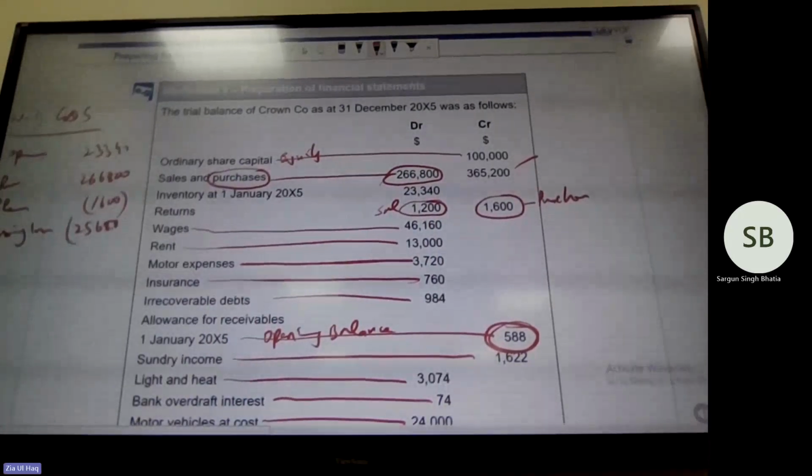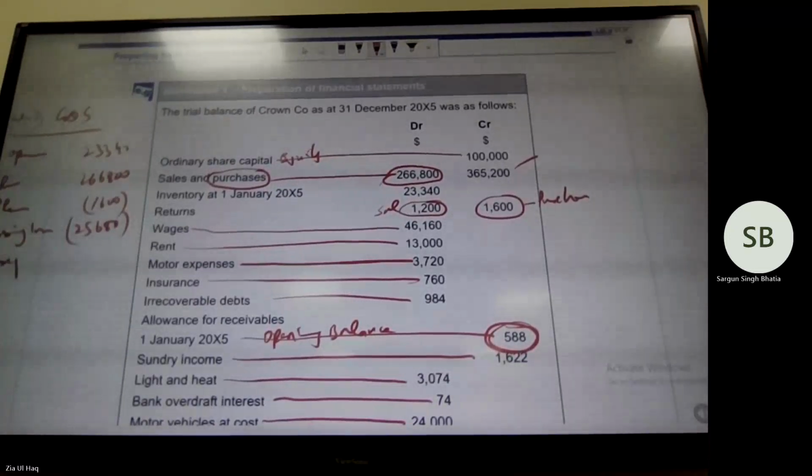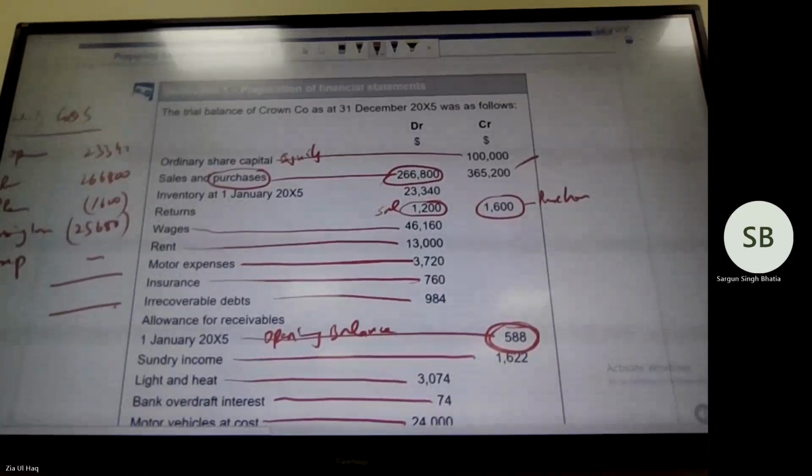If there are any direct expenses, we need to add those as well, but in this question, there are no direct expenses. Can you calculate cost of sale for me, please? Yes, sir.